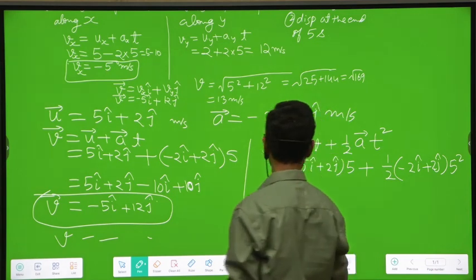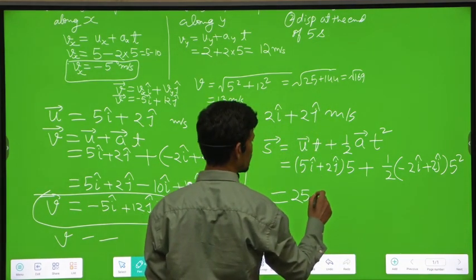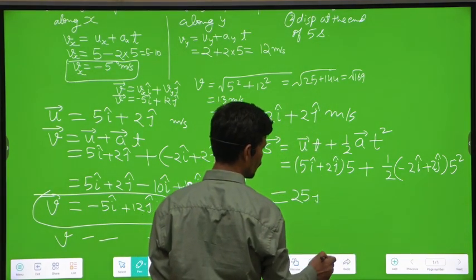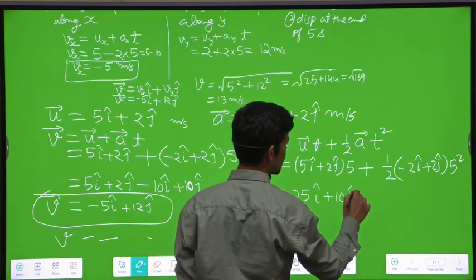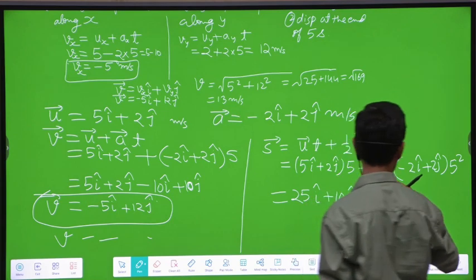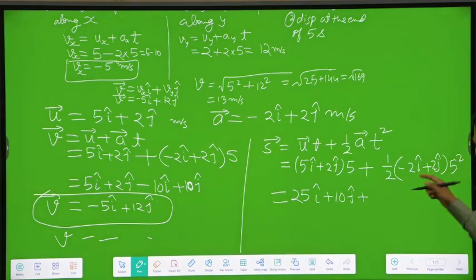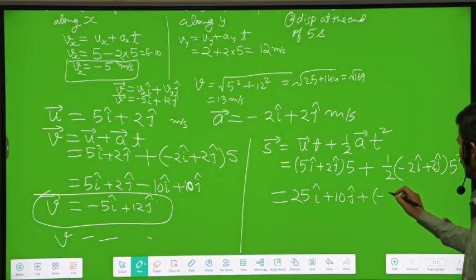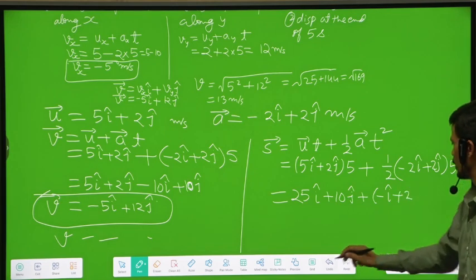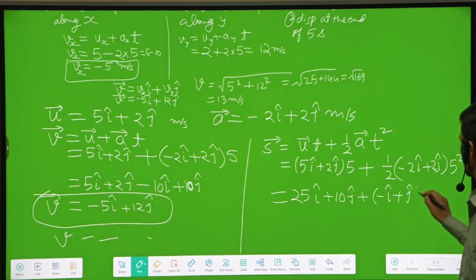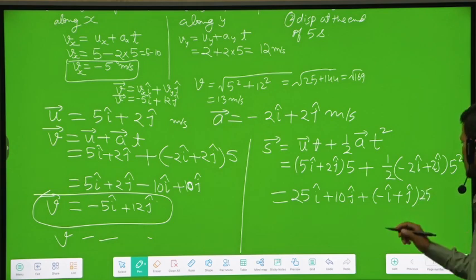Now it is 25 i cap plus 10 j cap plus, if we divide it by 2, it will be minus i cap plus, oh sorry, plus j cap, and 25 it is.